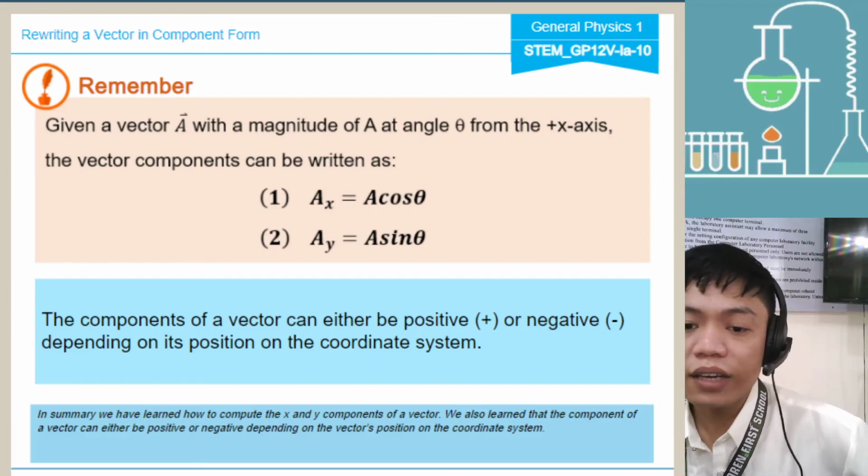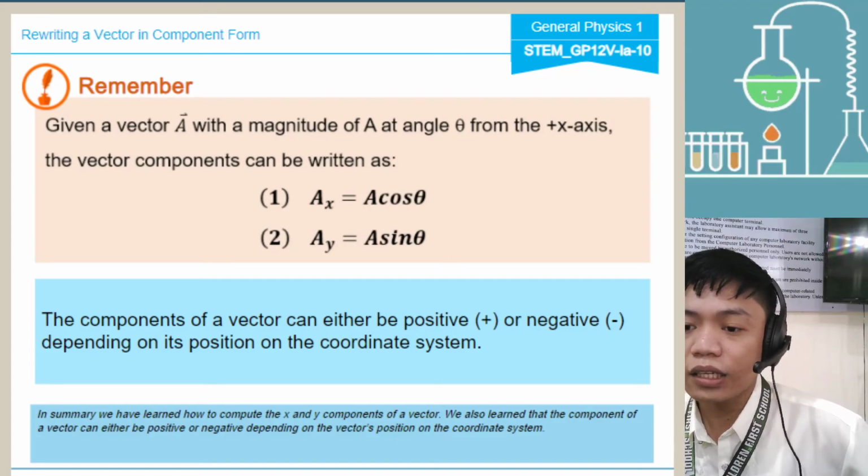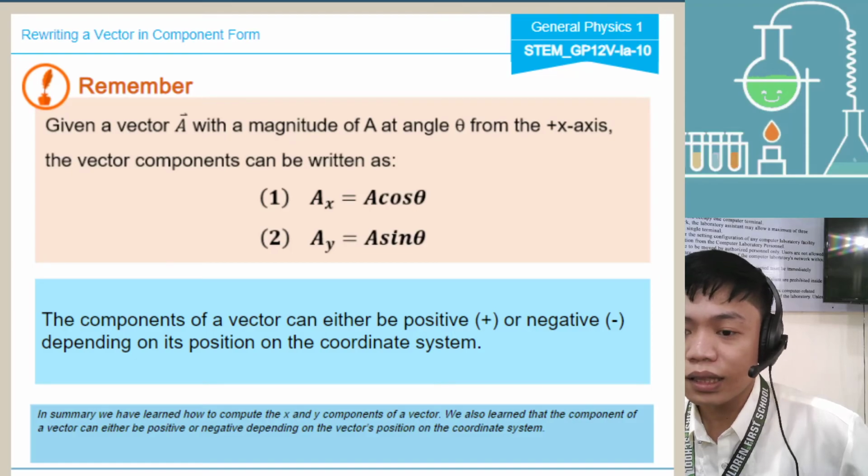Remember, given a vector A with a magnitude of A at the angle theta from the positive x-axis, the vector components can be written as A sub x equals A cosine theta, and A sub y equals A sine theta.